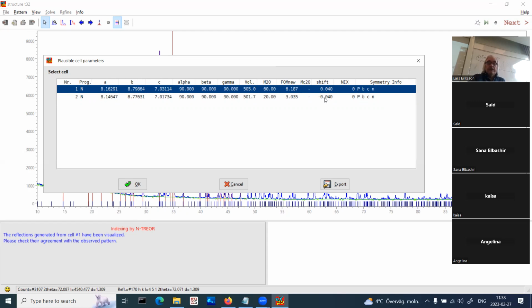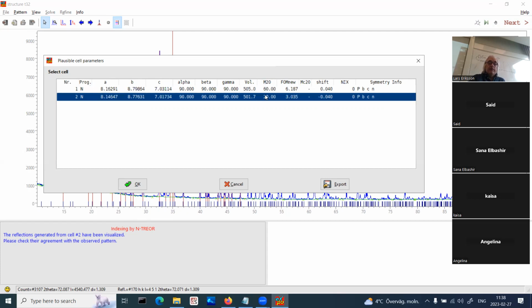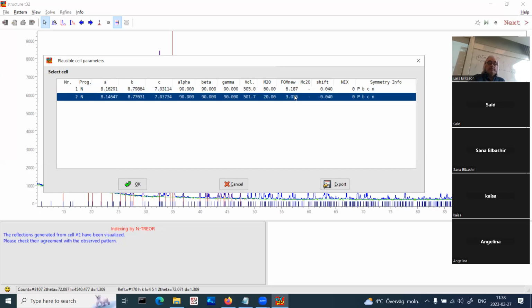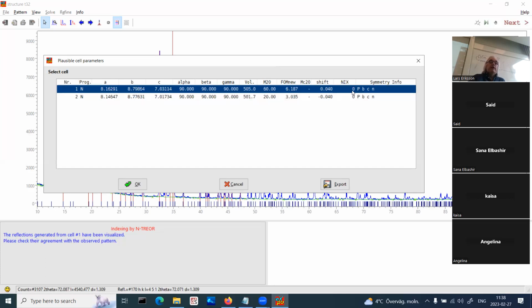There is hardly any reason for that. But one of them has a higher figure of merit, M20. The Wolff figure of merit is 60 and 20 down here. In Expo, there are also a couple of other figures of merit. The new figure of merit is also higher than the other one. And perhaps the most important is that the number of not indexed peaks is 0 in both cases.